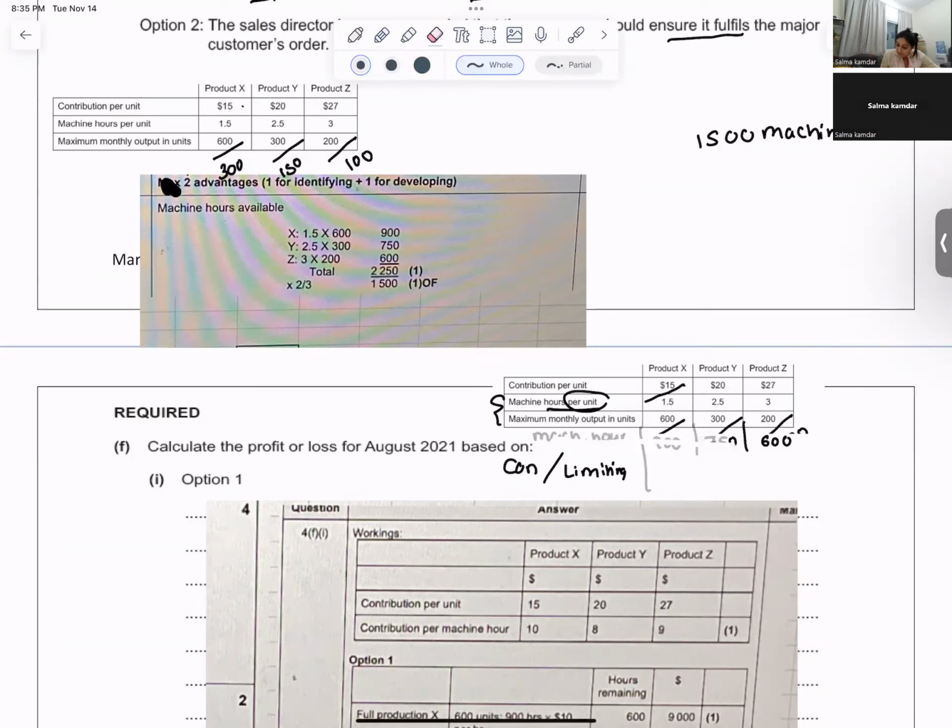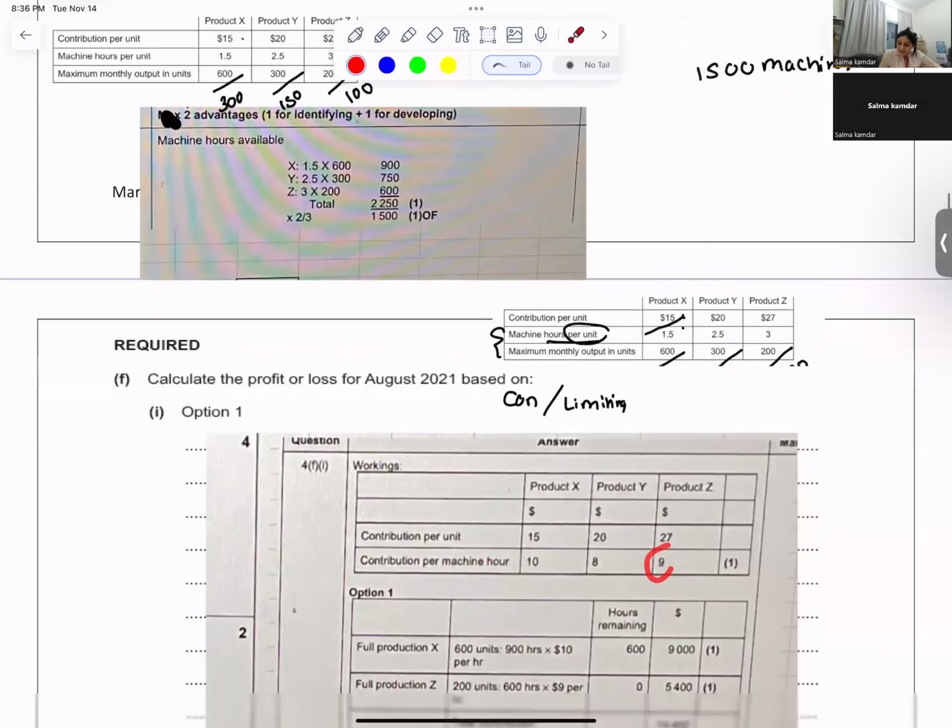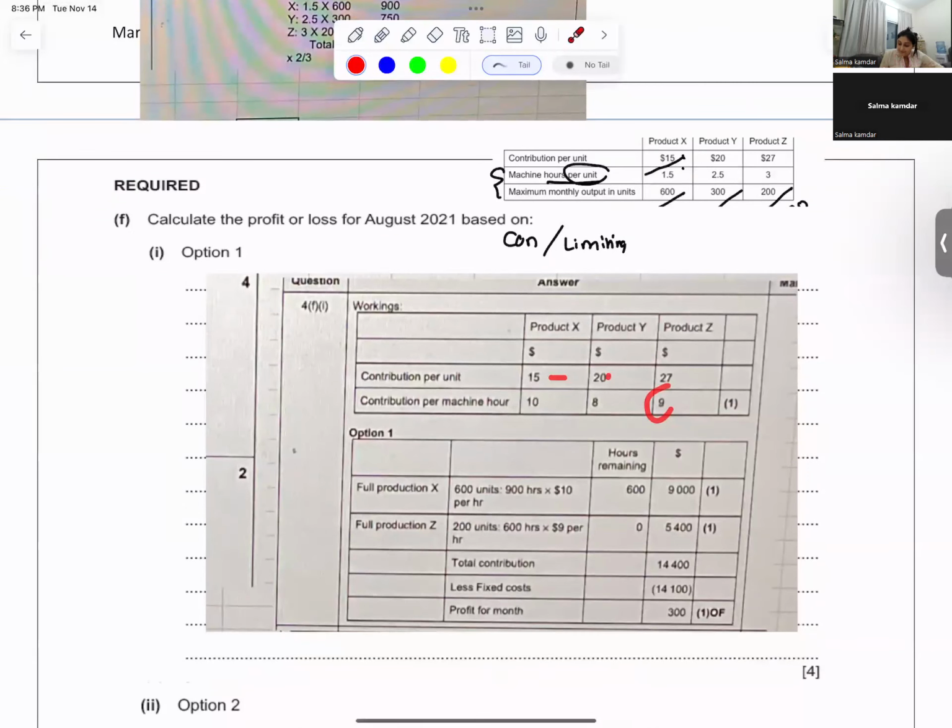So contribution per limiting factor would be $15 divided by 1.5, which will give me 10. Contribution per limiting factor 20 divided by 2.5, it will give me 8. Contribution per limiting factor 27 divided by 3, 9. So this is my normal contribution and this is my contribution per limiting factor.